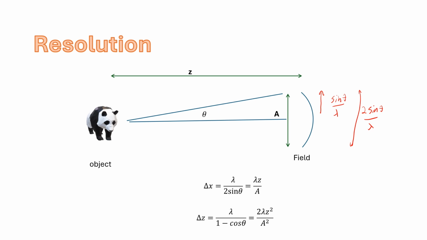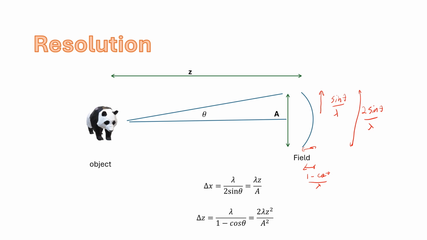Here A over Z is 2 sine theta, so the transverse resolution that we would get on the object is going to be lambda Z over A. Now, the extent of the region in the Fourier space along the Z direction would be 1 minus cosine theta over lambda, where 1 over lambda would be the full extent of the wave vector, and cosine theta is the part along the Z direction, and this extent is the difference between those two as we go across this angle.